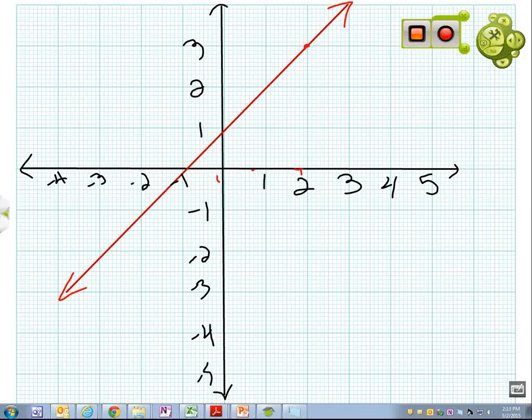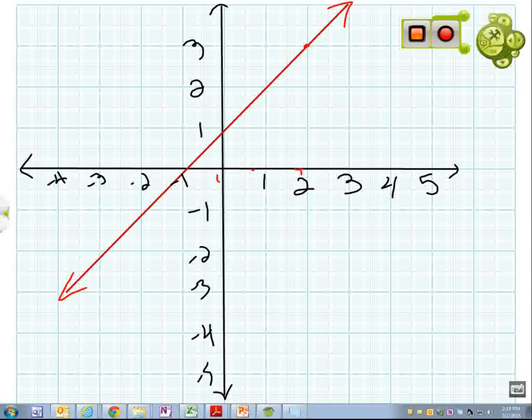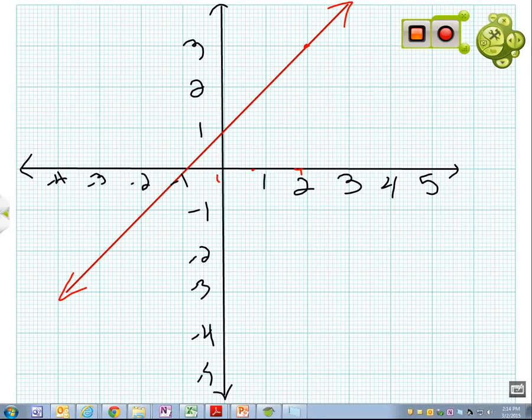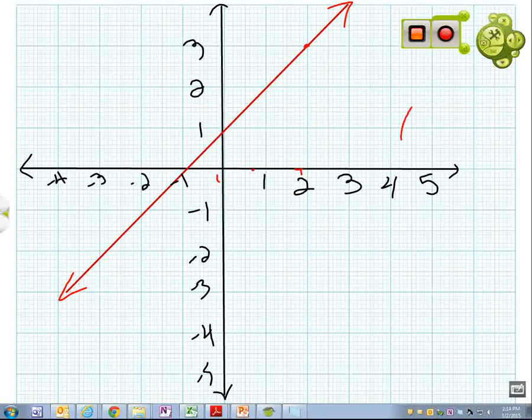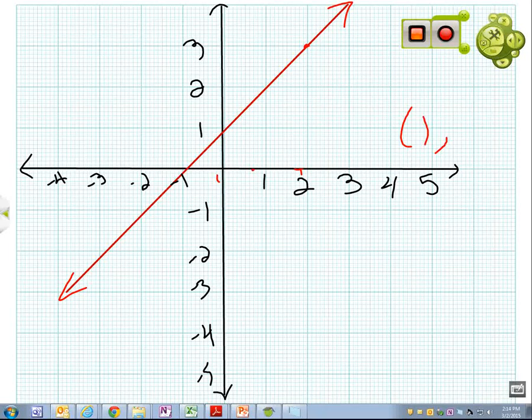Now, if I were to ask you, what are the coordinates of a spot on this line where 1 is the x coordinate? Where is the y? Sydney, where is the y?